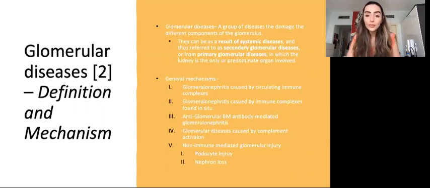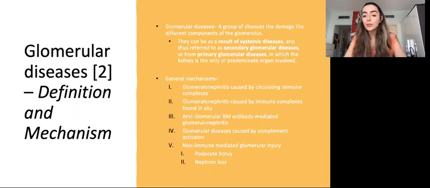So to go more into detail of the general mechanisms of how they work, we have, as you can see, 5 main classifications of their mechanisms. We have glomerulonephritis that is caused by circulating immune complexes. So you have deposition of immune complexes that initiates complement-mediated leukocyte activation, and then this causes glomerular injury.